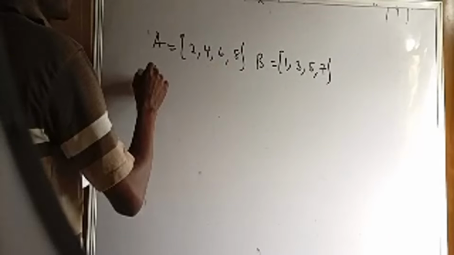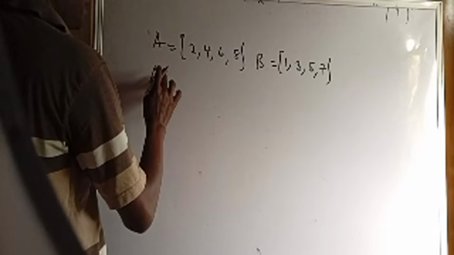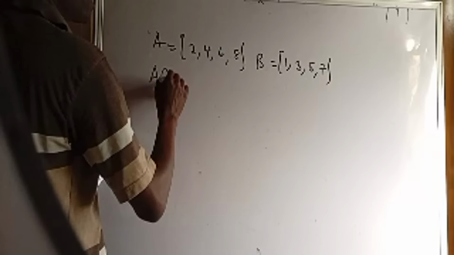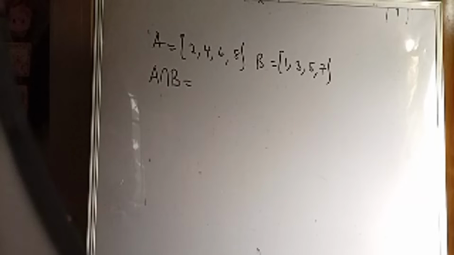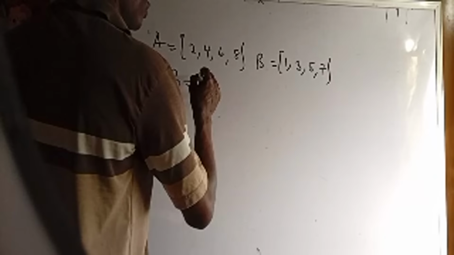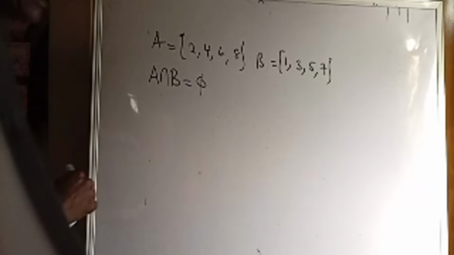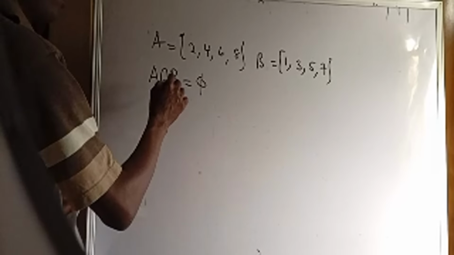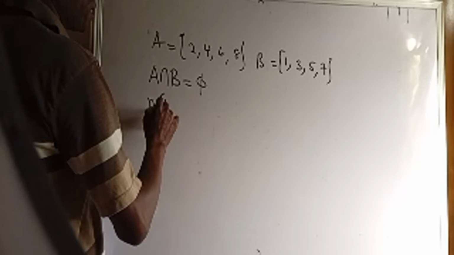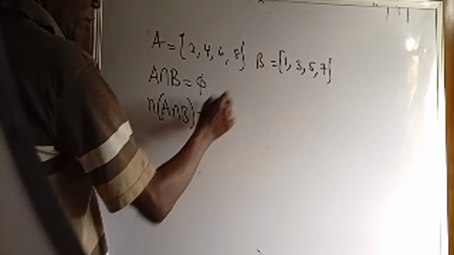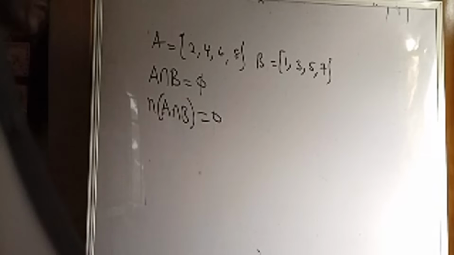Now we say A intersection B. Let's look at elements that are common to both of them. Do they have a common element? No. So you say it's empty. An empty set is called a null set. Now, what is the number of elements in both? It is 0 because they don't have common elements.